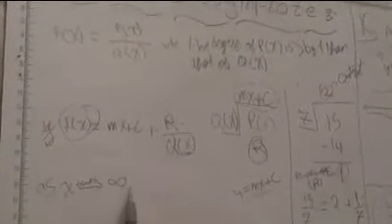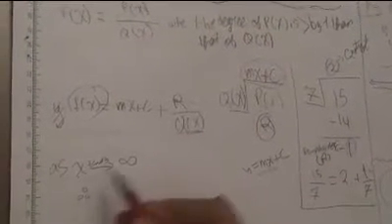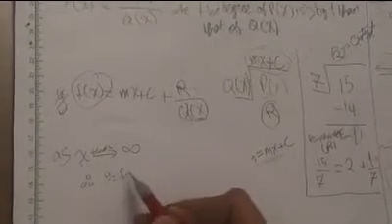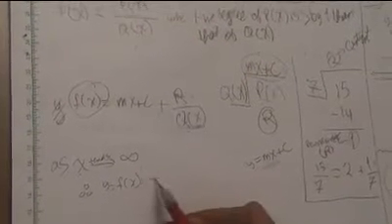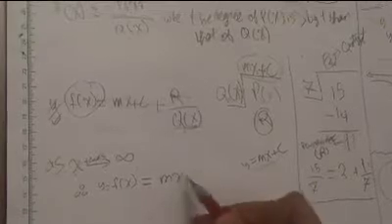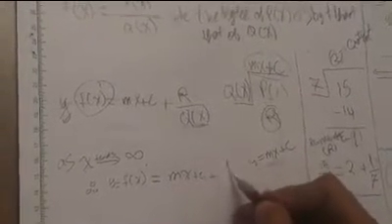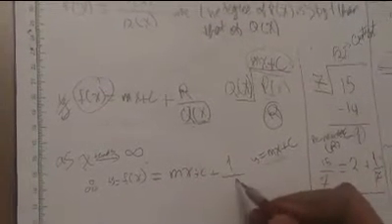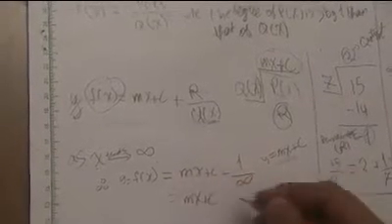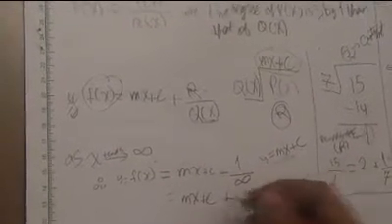So as x tends to infinity, y equals f of x equals mx plus c plus r over infinity, equals mx plus c plus 0.